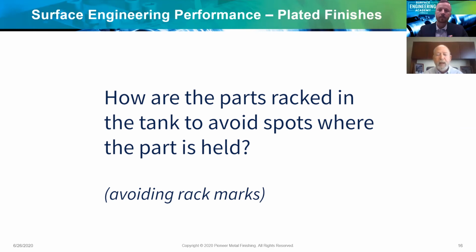But generally, you're going to be using a combination of a hook and making sure that the least amount of contact is there, or in the case of a clip, making sure that not only is it the least amount of contact, but if there's an area on the part where a rack mark would be a real issue, that we understand that before we do the design of the racking.